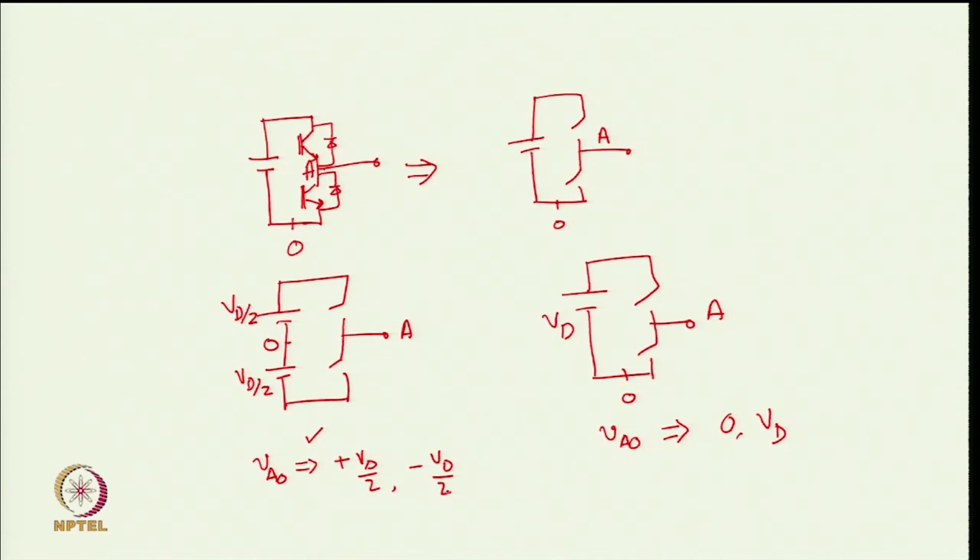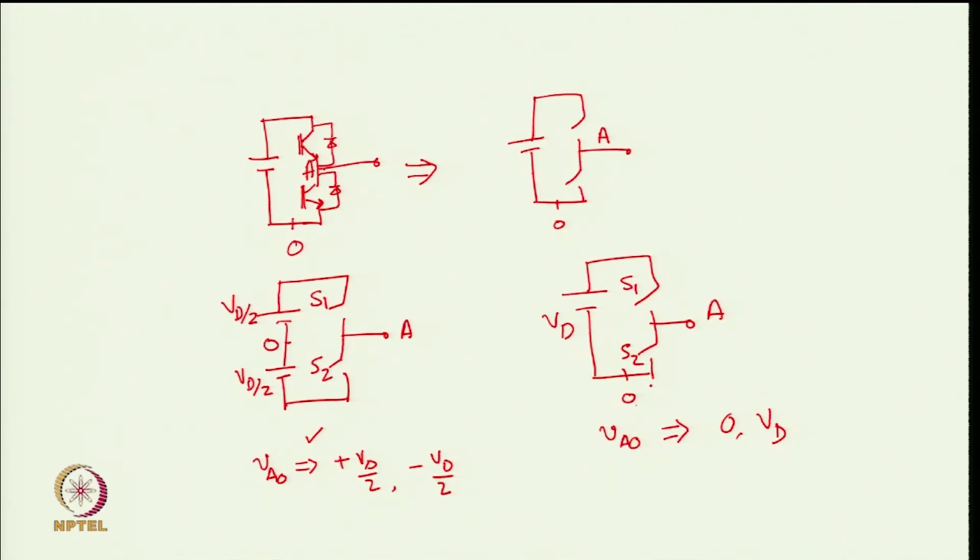So, in this case, you have S1 and S2 here and S1 and S2 here. If S1 is on in this circuit here, then VAO is VD by 2, if S2 is on, VAO is minus VD by 2. On the other hand, here VAO is 0 or VD.